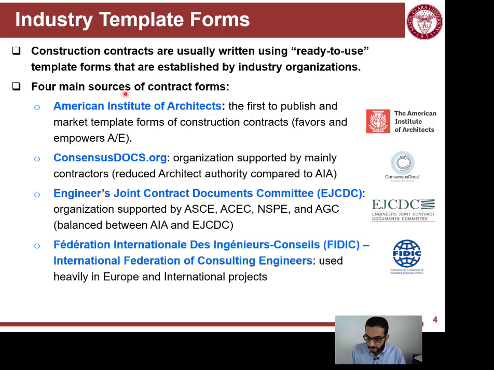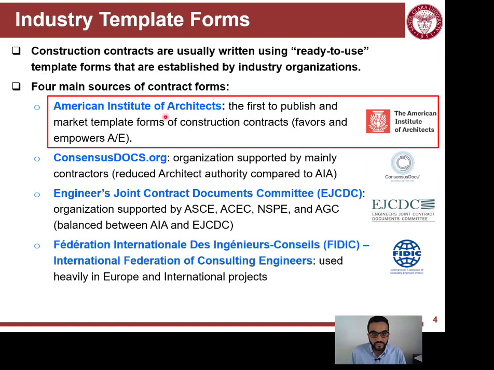So if you're involved in an international construction company or engineering company that does projects overseas and has entities coming from different national backgrounds, then FIDIC would be a good template or contract to use. So in this course, we'll focus on AIA. And again, as a reminder, we're dealing here with design-bid-build delivery and the contracting methods related to that.